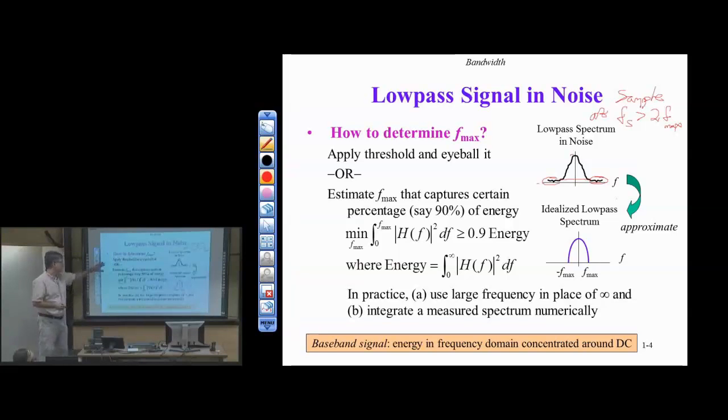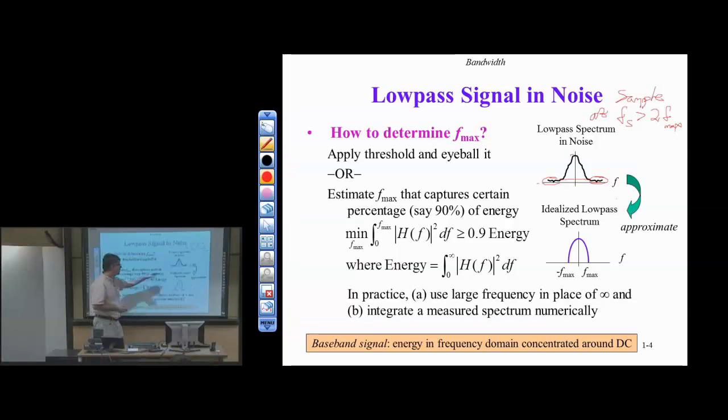One is really useful in lab, and even useful when looking at plots of spectra. It's just a quick way to get an estimate of F max. And later, when you have time, you can come back and do something more quantitative and mathematical to verify your estimate. The quickest way to do this is to apply a threshold and eyeball it.